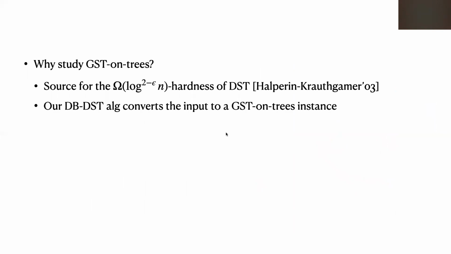So why do we study this GST-on-trees problem? First, the hard instance for the omega log squared n lower bound of directed Steiner tree is essentially a GST-on-trees instance. And our algorithm for the degree bounded DST problem can be viewed as converting the input to a GST-on-trees instance.